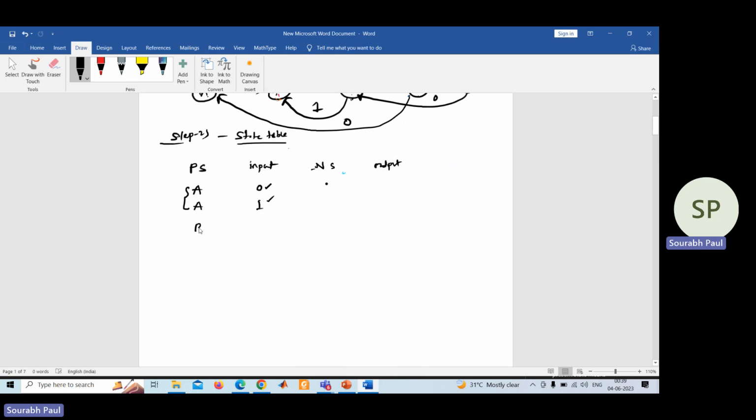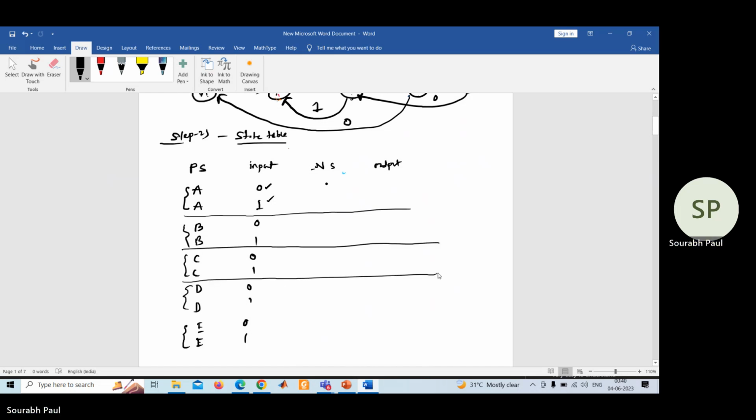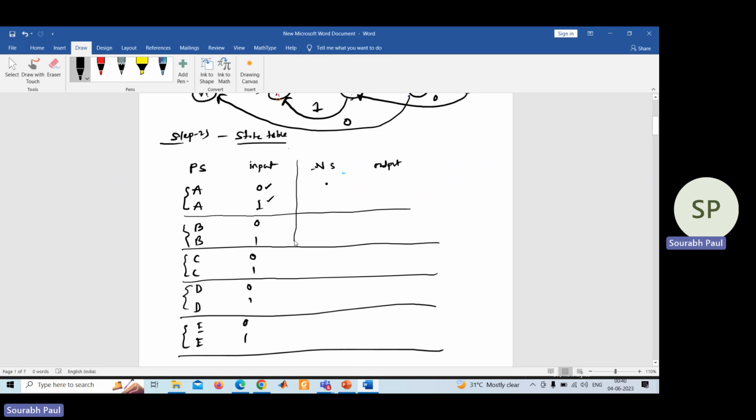Means you have A, you have B, you have C, D, you have E. And for each case, you need to consider two things: input 0, input 1. That is 0, 1, 0, 1, 0, 1, 0, 1. It's very easy to understand.